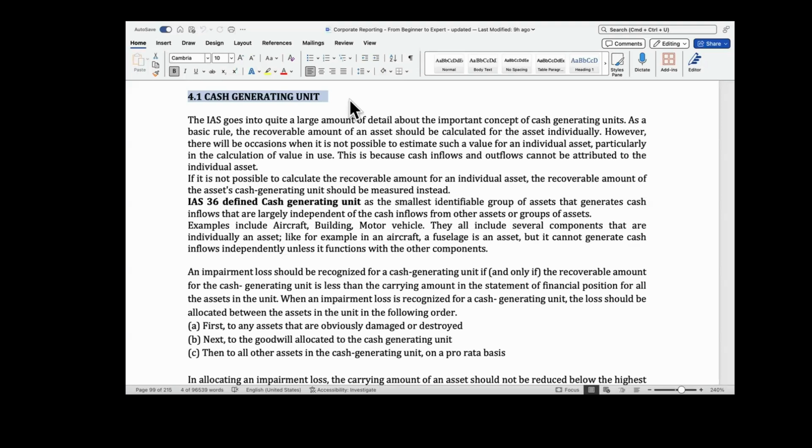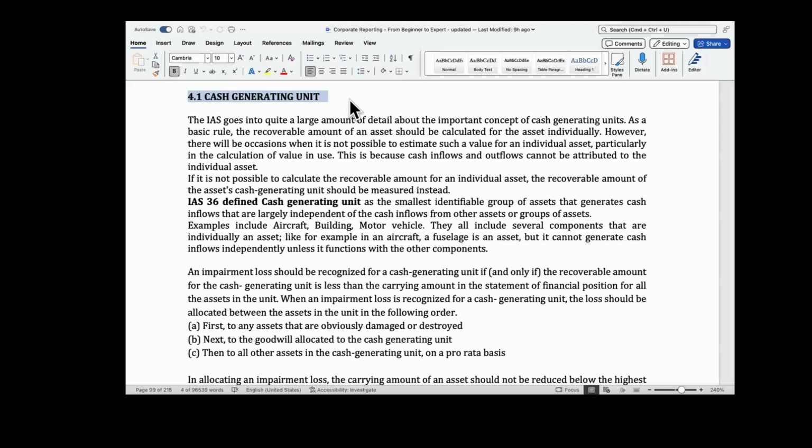However, there are certain types of assets. In fact, a lot of assets might not have recoverable amounts readily available. You might not be able to get their recoverable amount, right?